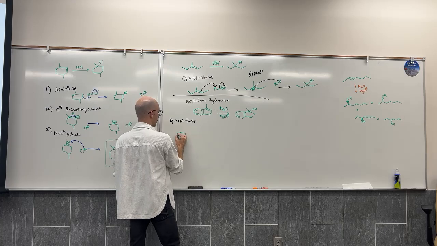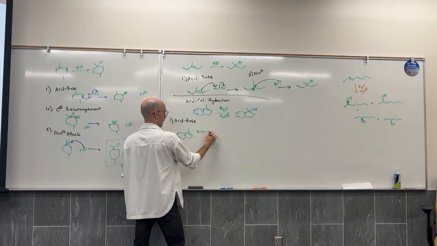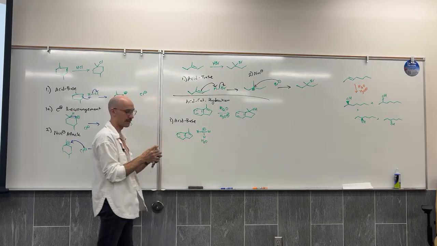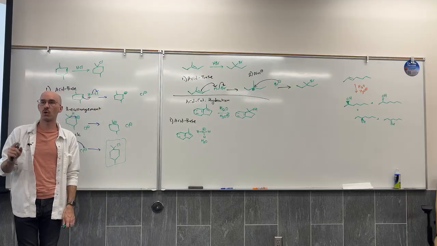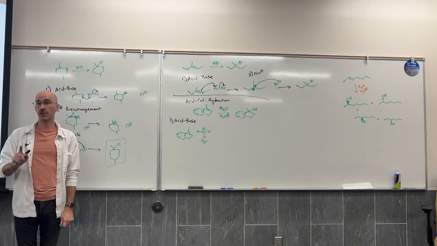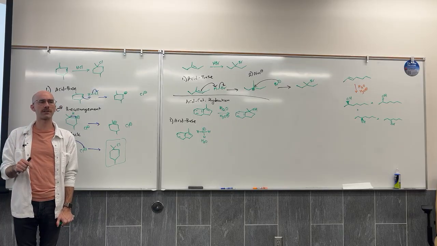Am I in acidic conditions or basic conditions? Definitely acidic conditions. If I have hydronium, I'm in acidic conditions. What's my acid? H3O plus. Why is H3O plus a better acid than H2O?